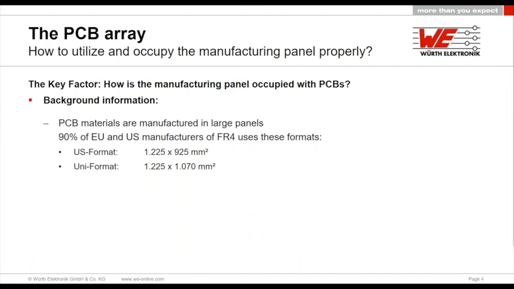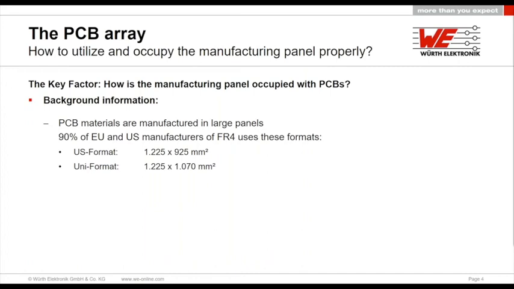As background information, basically all of the PCB materials out there globally are manufactured on big, large panels. There are basically 4 to 5 different formats which are used by all base material manufacturers.